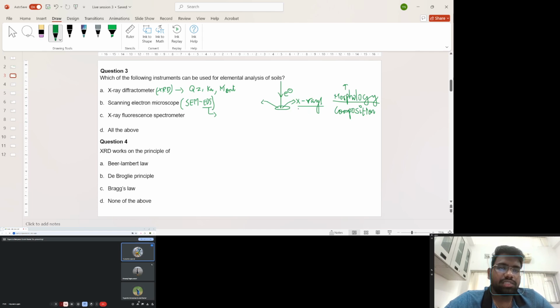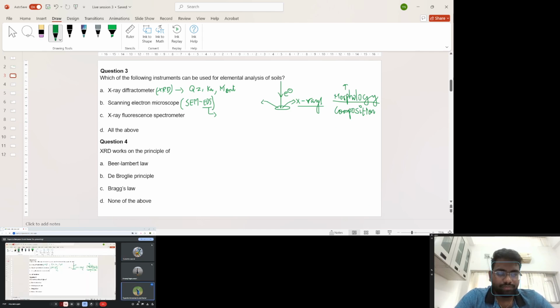When you capture these X-rays, based on their characteristics, you can get a qualitative and, to an extent, quantitative composition of the material. What does it comprise of? Understood? Or do you have any doubt?